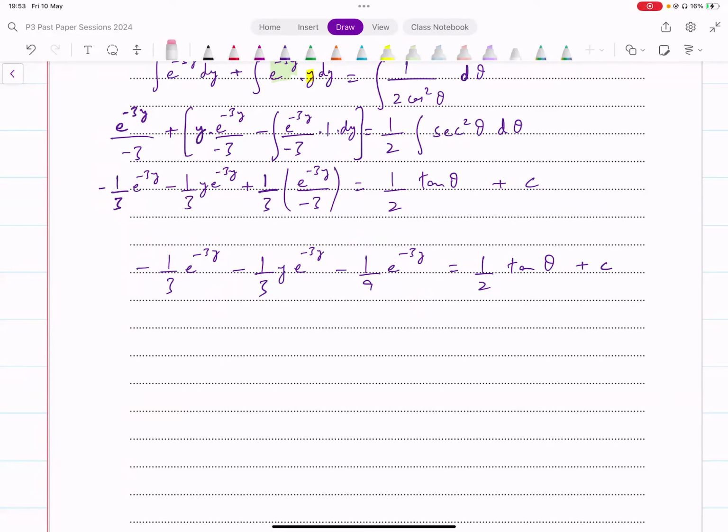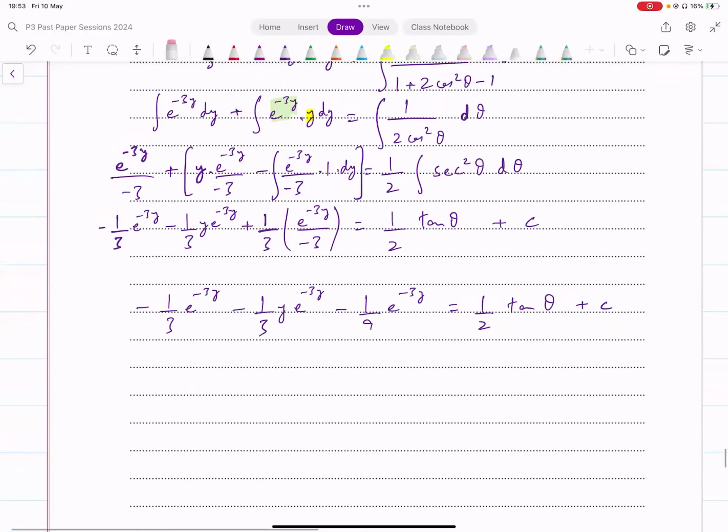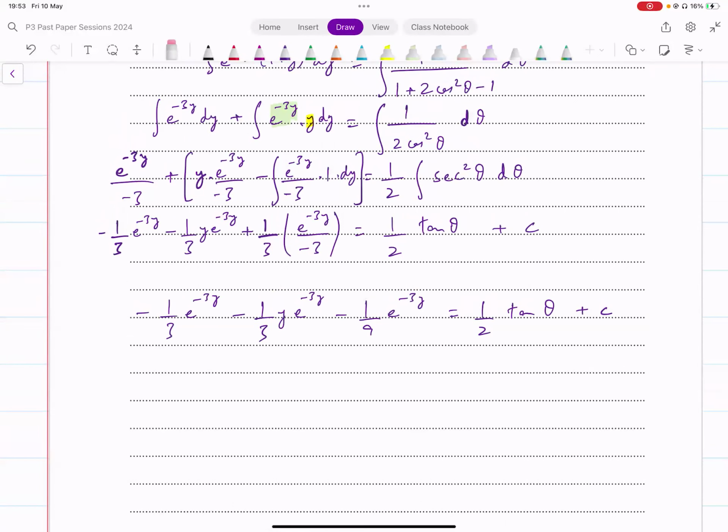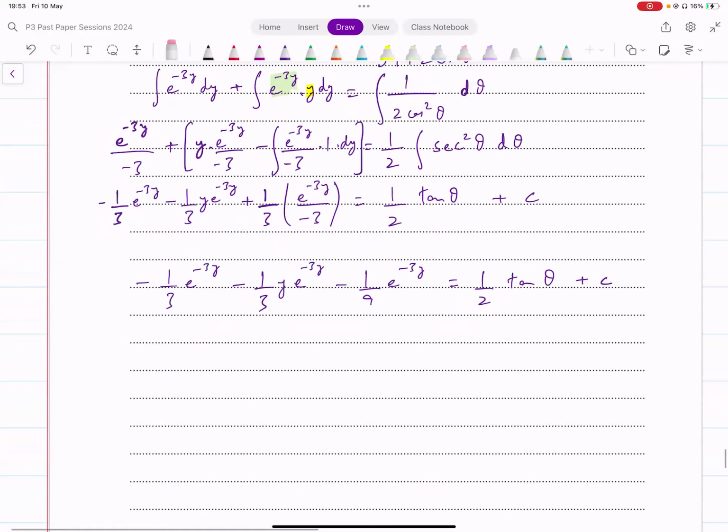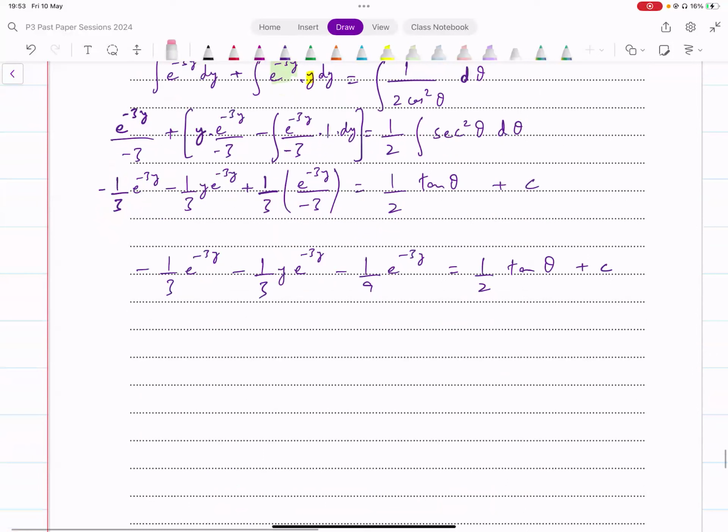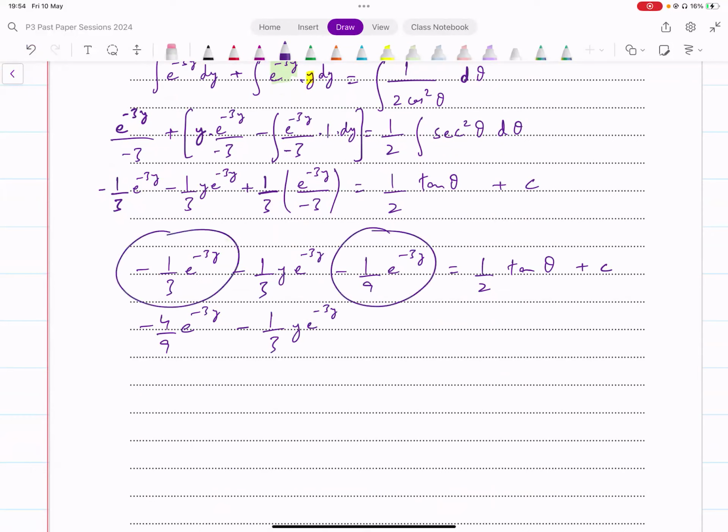That's minus 4/9. Right? These two terms are the same, right? Yeah, they do look the same. So we have minus 4/9 e^(-3y) minus 1/3 y e^(-3y). I've added these two terms. Okay, that gives me minus 4/9 there. On the other side, I have 1/2 tan theta.